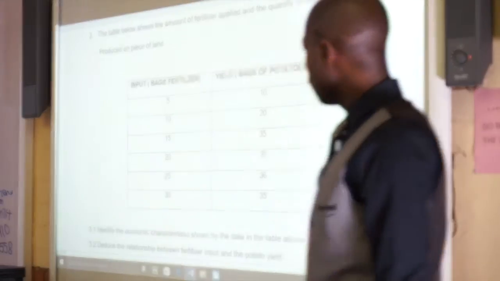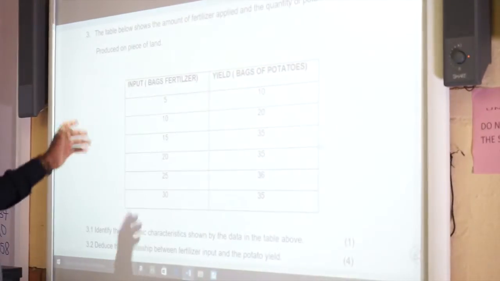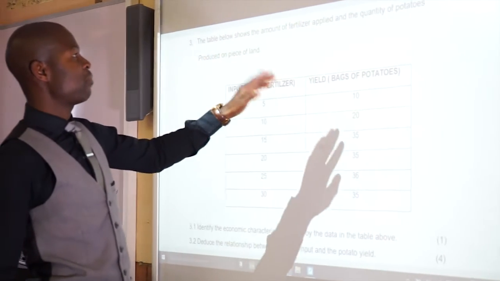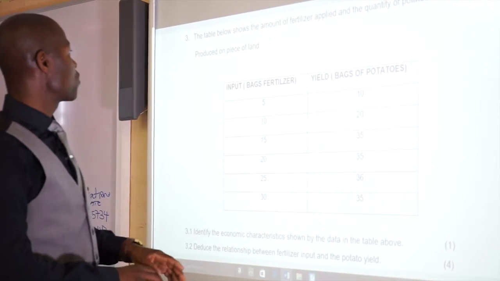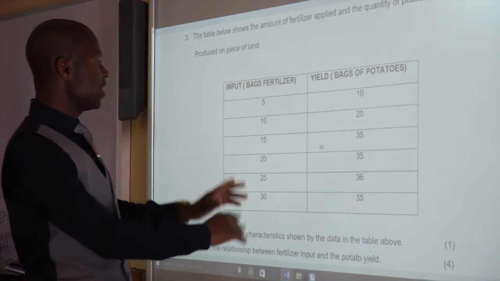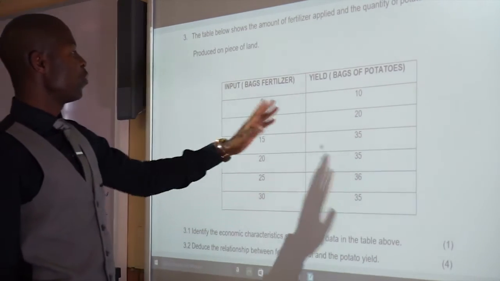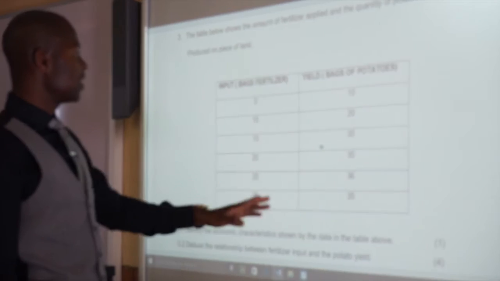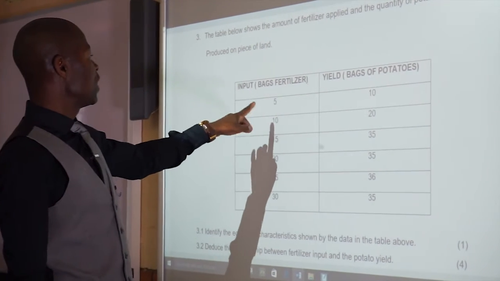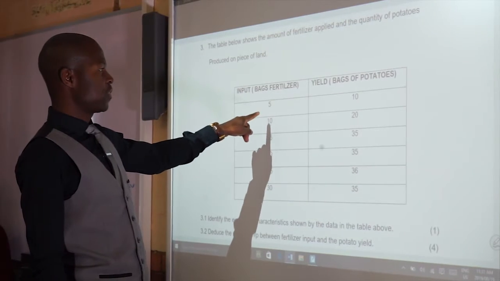Okay. Now you can also have a case of this nature where it says the table below shows the amount of fertilizer applied and the quantity of potatoes produced on a piece of land. So what you can see here is that with the inputs, we can also see what? The outputs. So it says here, the input is how much? 5 bags of fertilizers.